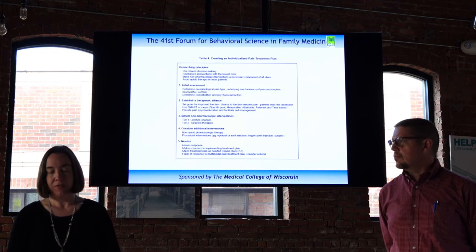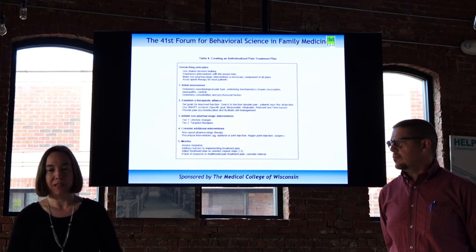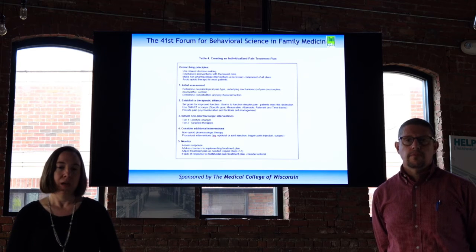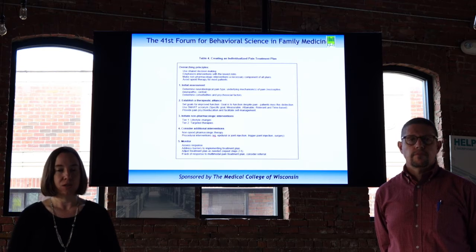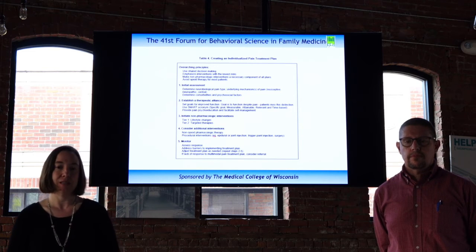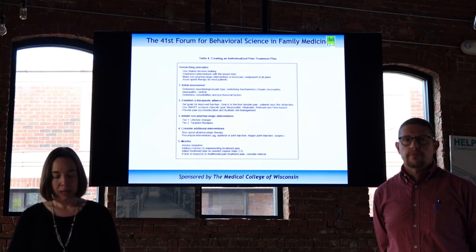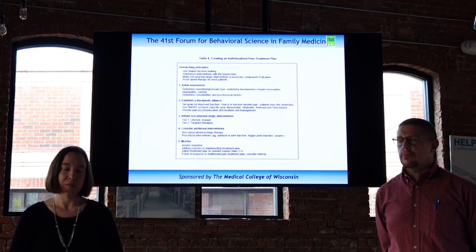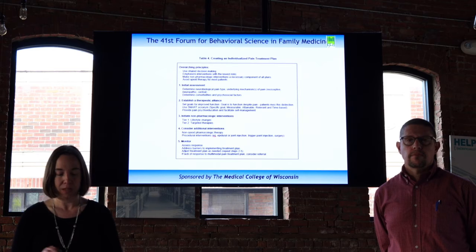Step 5 is the monitoring phase, where we continue that relationship, with frequent follow-up and check-ins, trying to address barriers the patient may be running into with carrying out the treatment plan, things that didn't work, making adjustments, and then continuing this circle through these 5 steps.